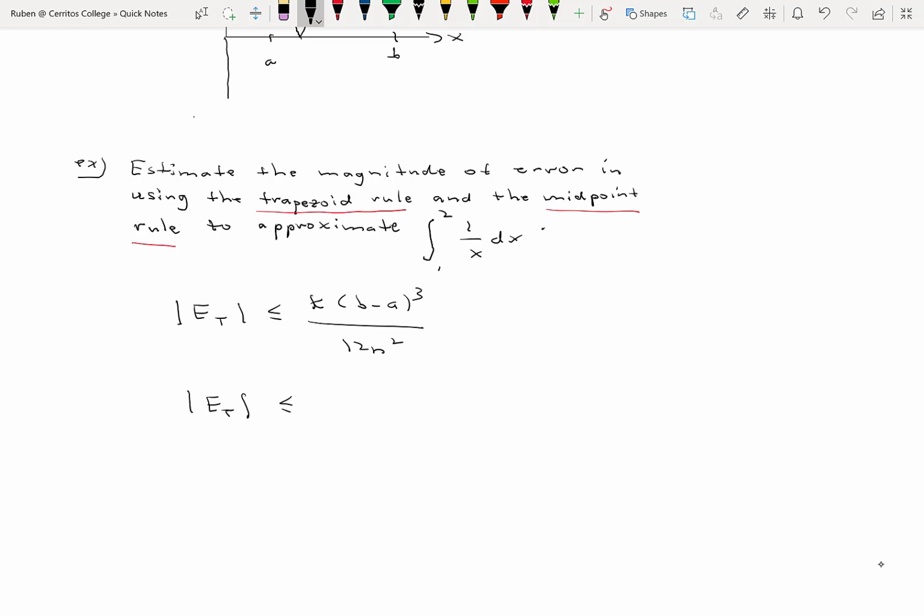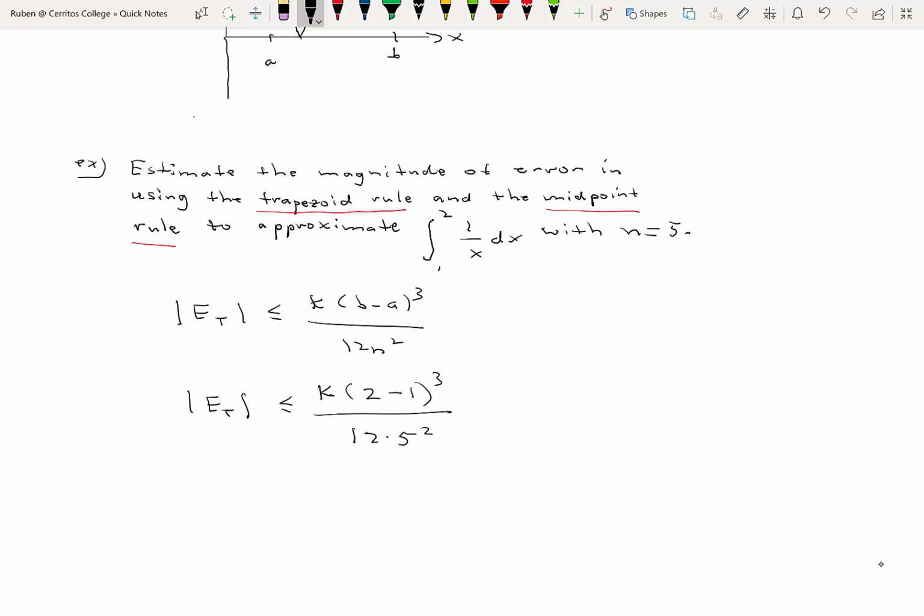So we know that the magnitude of error is no bigger than, well, remember when we were estimating this integral, we had n equals 5. As we did last time, we used n equals 5. So the magnitude of the error is no bigger than k times b, the right-hand limit of integration, 2, minus a, the left-hand limit, cubed, over 12 times 5 squared.